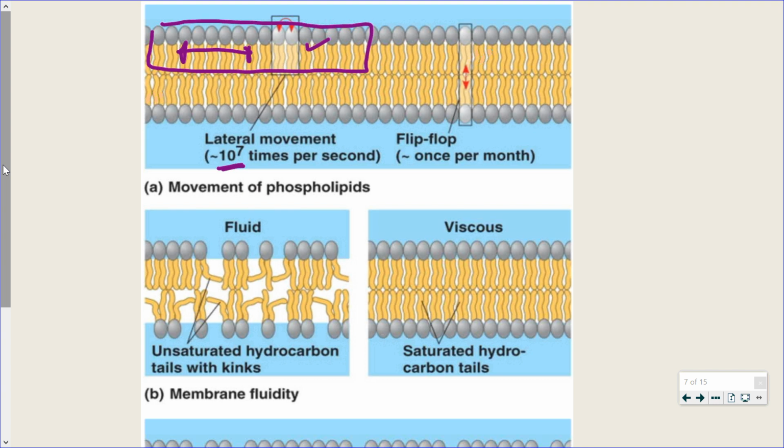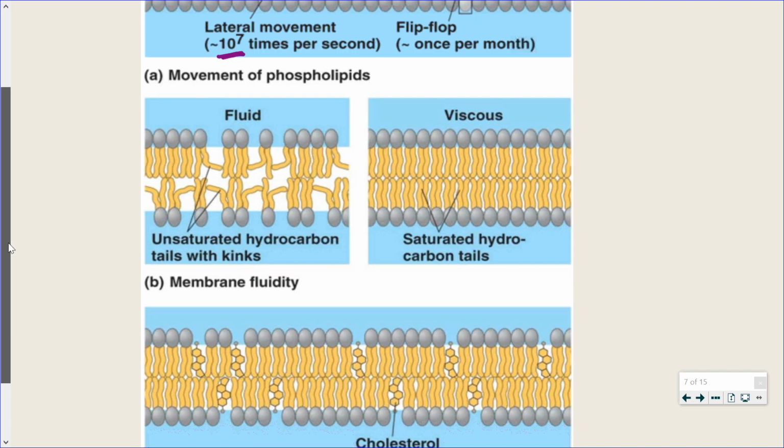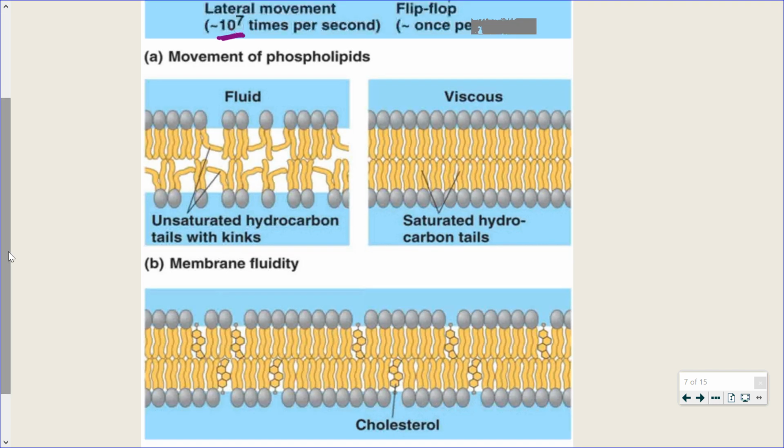The membranes do need to be fluid. What actually keeps them fluid? Well, the fact that we have these phospholipid tails, but the lipid tails can have different properties. If we take a look at the one on the right-hand side, first of all, we can see that all of these tails are pretty straight.